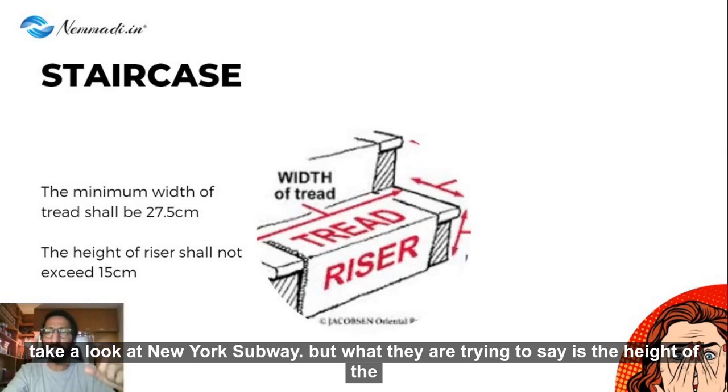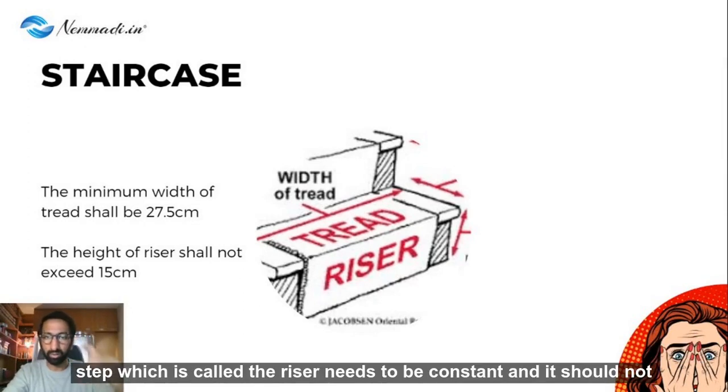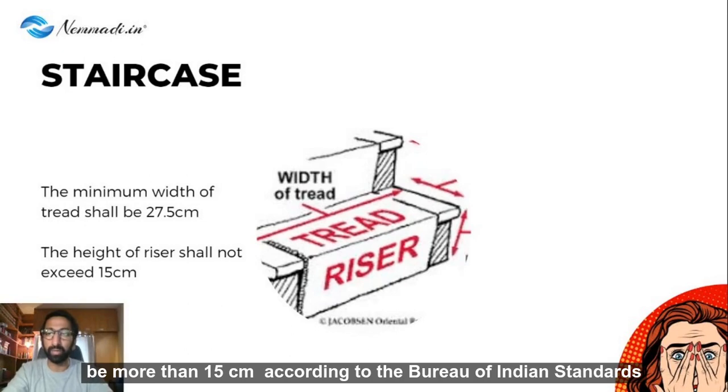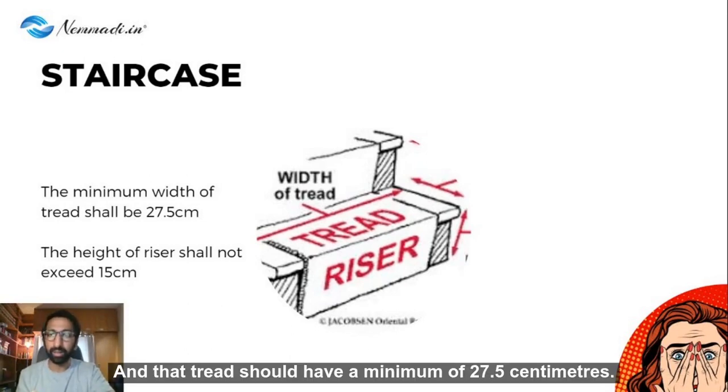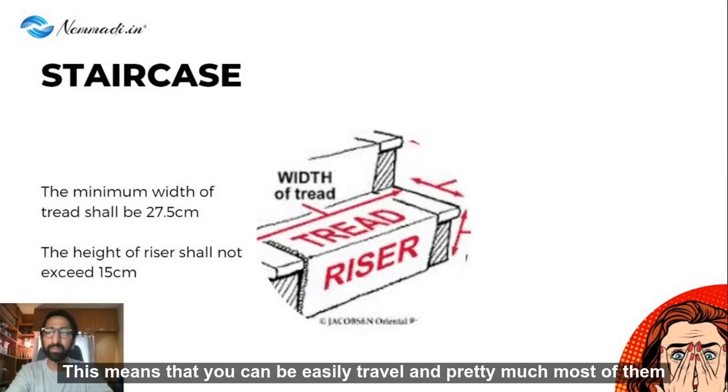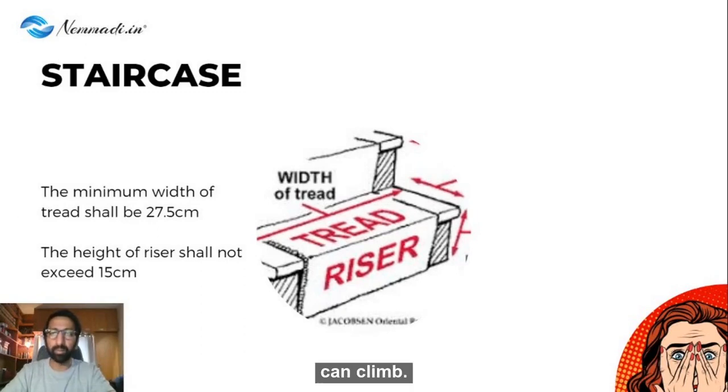But what they are trying to say is the height of the staircase, which is called the riser, needs to be constant, and it should not be more than 15 centimeters according to the Bureau of Indian Standards, National Building Code. And the tread should have a minimum of 27.5 centimeters. This means that you can easily travel, and pretty much most of them can climb.